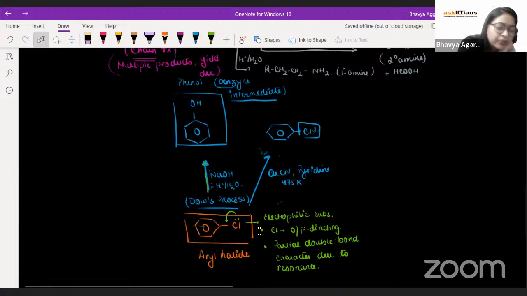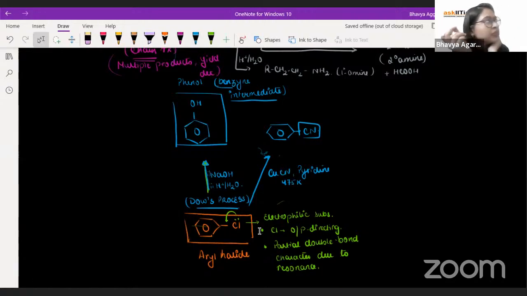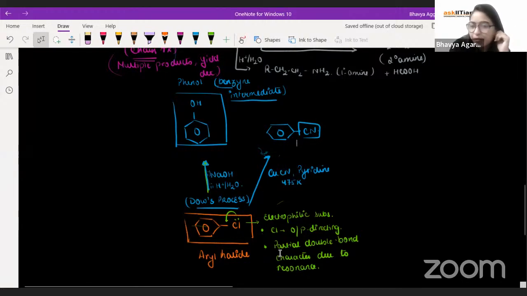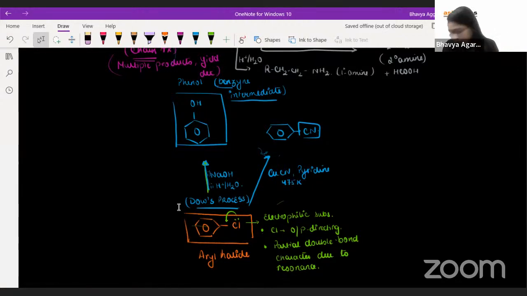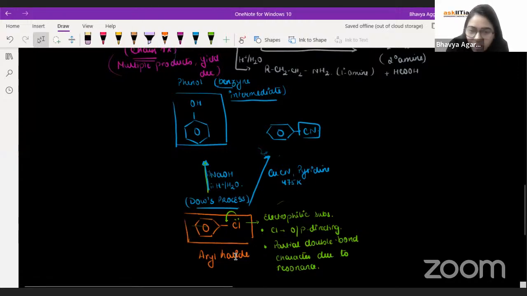You remember the carbylamine test, which is done with primary amines when treated with chloroform in the presence of a base. So here you directly get cyanide.